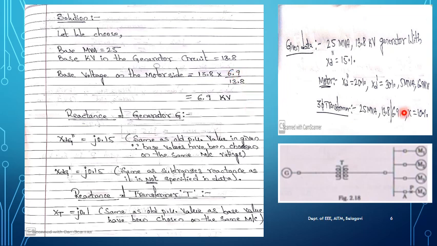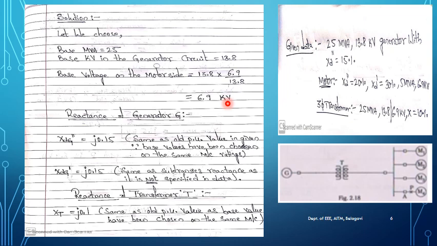The low voltage is 6.9, divided by the high voltage rating of the transformer, which is 13.8. If you simplify it further, we get the base voltage of the motor side as 6.9 kilovolt.